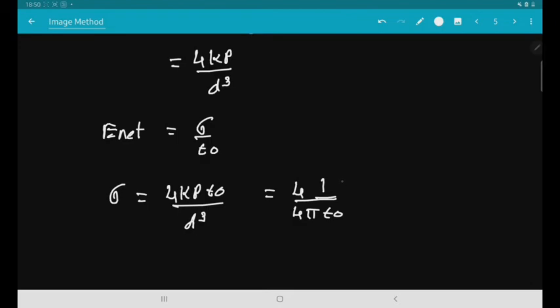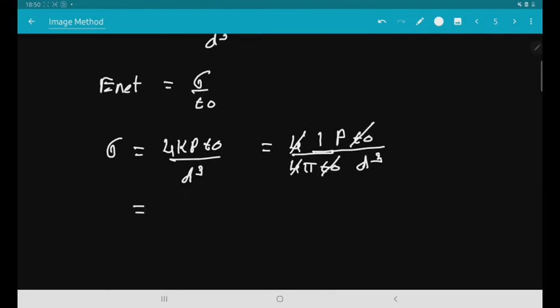We have p epsilon naught in the numerator and d cube. Epsilon naught and epsilon naught will cancel, 4 and 4 will cancel. We will get p divided by pi d cube.